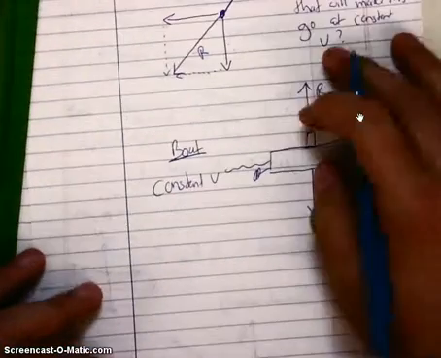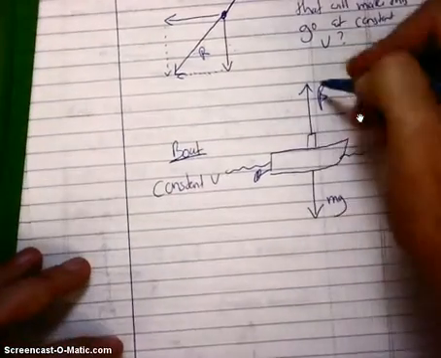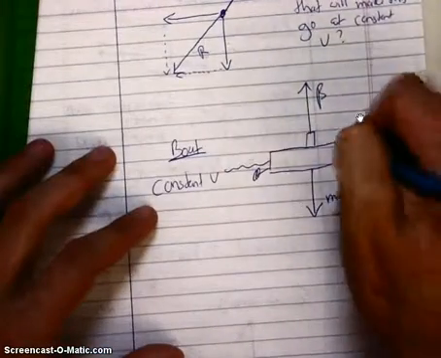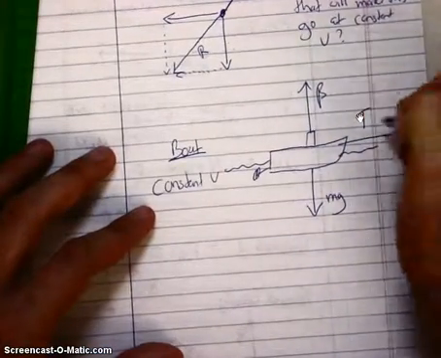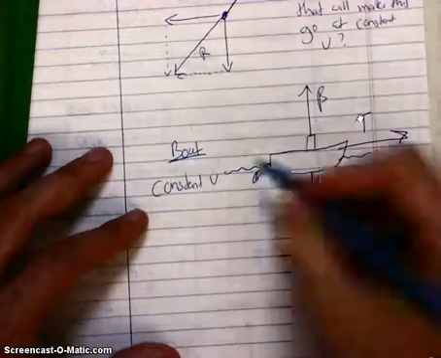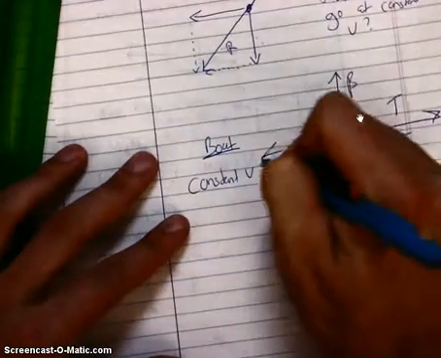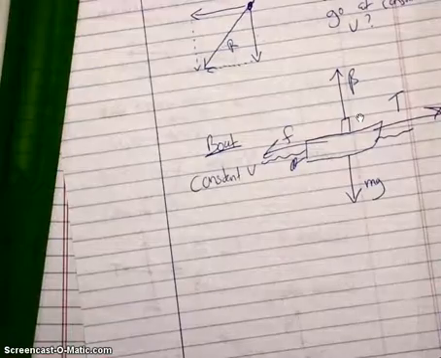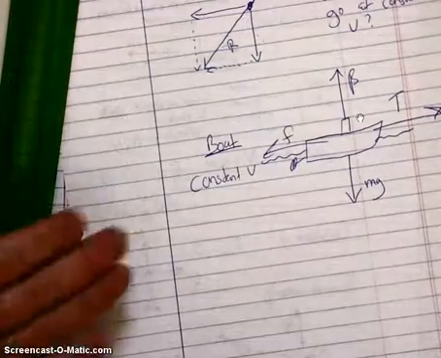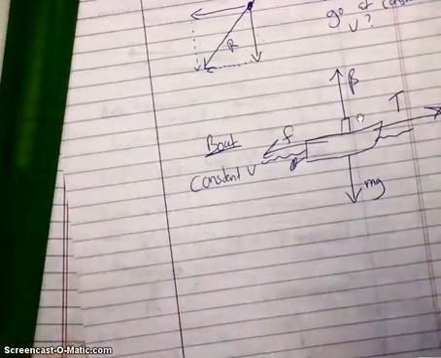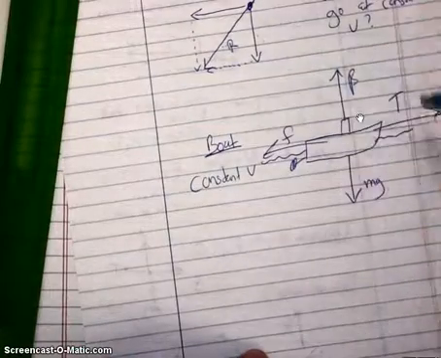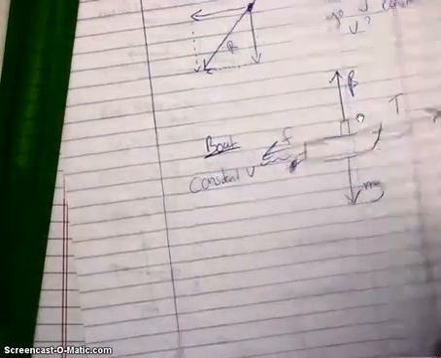I know we haven't learned about buoyant force yet, but the buoyant force of the water is pushing it up. So these two are equal and opposite. And the thrust that is pushing it forward from the propeller is balanced out by the force of friction. So once again, it doesn't matter what it is, if it's going at constant velocity, all the forces are balanced. And so if we know one, we know the other. So that's it. Thank you.